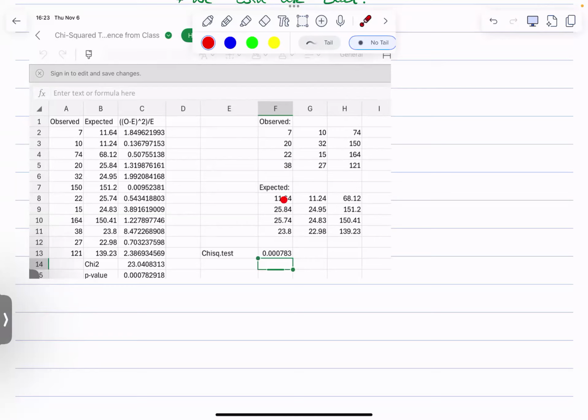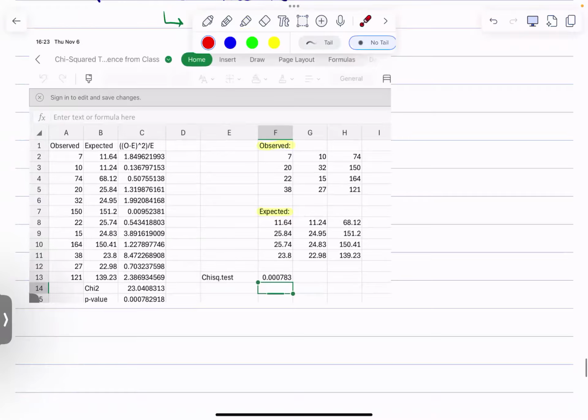Okay? And so here they are, or another option. For some reason, it doesn't like it being in a table sometimes. So then what I've done is just listed all the observed counts and next to it, the respective expected count. Okay, making it look like a goodness of fit test, but it's not, right?